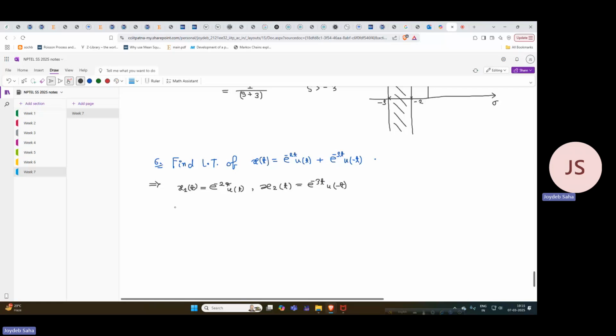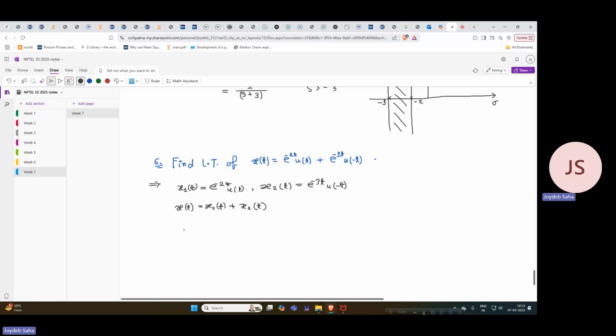So x(t) is x1(t) plus x2(t), like the earlier one.